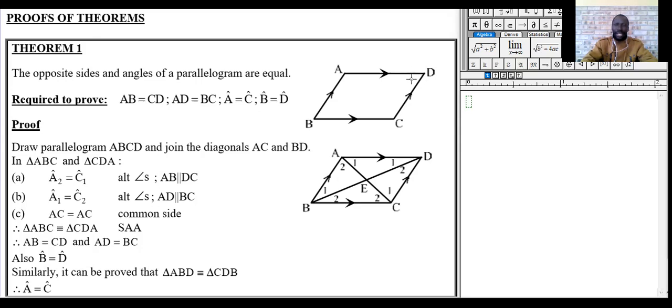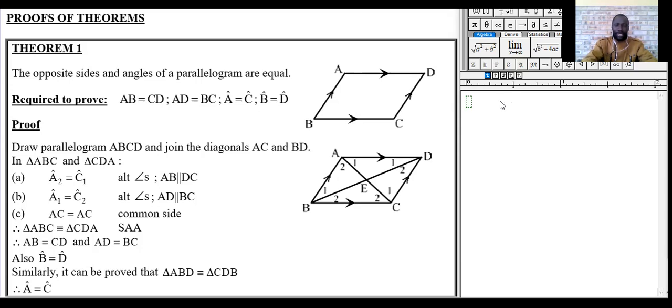If this angle is 60 degrees, then this other one is also 60 degrees. Also, the angle at A is opposite to the angle at C, so if the angle at A is, for example, 120 degrees, then this other angle is also 120 degrees.